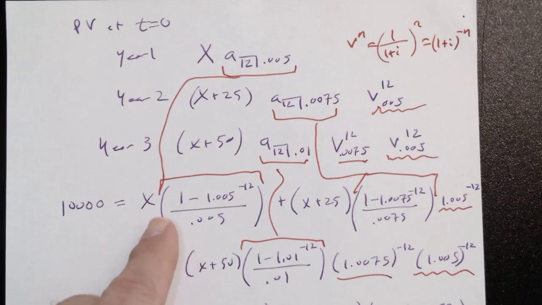This A calculation is really just saying present value. Here's a comparative behavior.